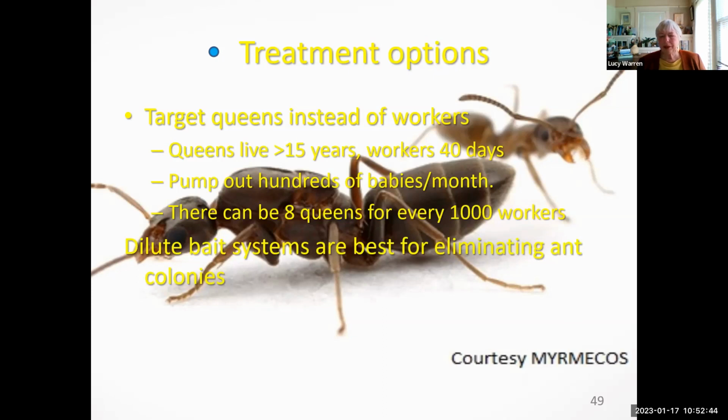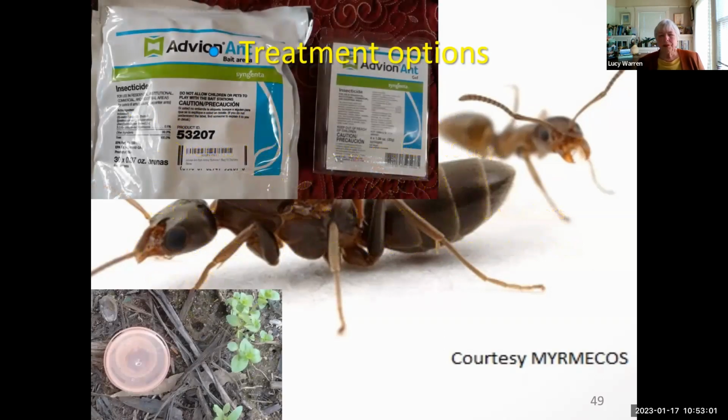So the best way to eliminate ant colonies is to use dilute bait systems. And these are probably 1/10 of the strength of the systems that you find on the shelf of Home Depot. These are a couple of the products that we have found, not to promote them specifically, except that these work. Advion has a couple of different products.